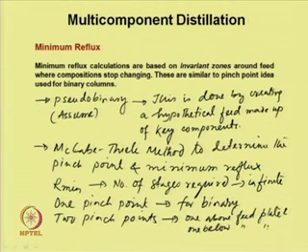The rigorous procedure can be applied to calculate R minimum by trial and error calculations, but that is very tedious for hand calculations. Often the minimum reflux or N mean can be determined by the Underwood shortcut method.